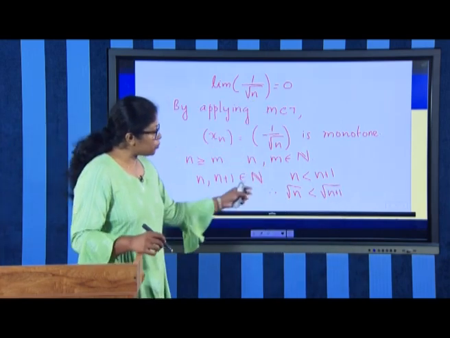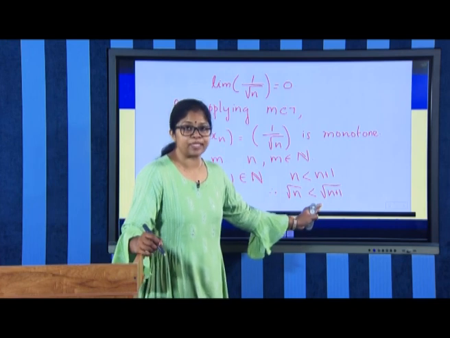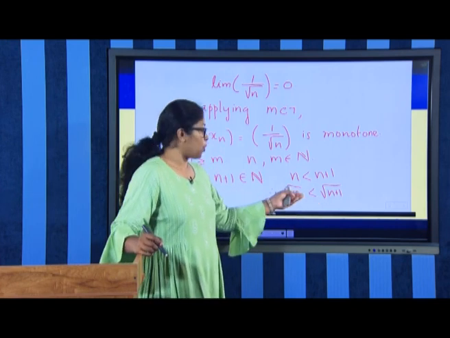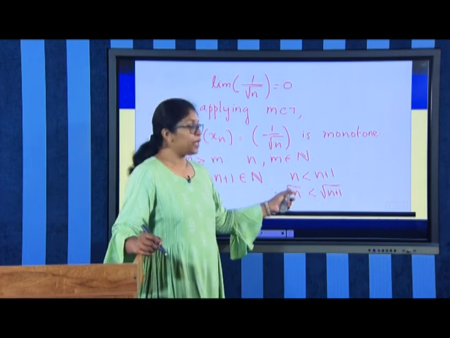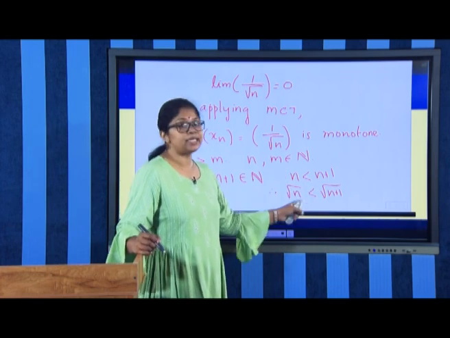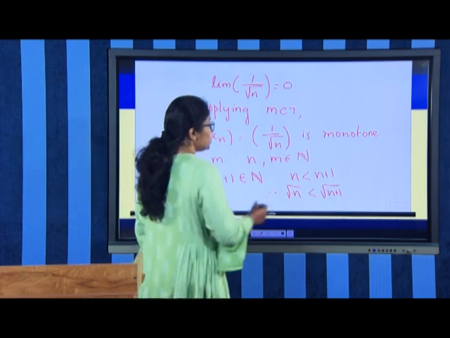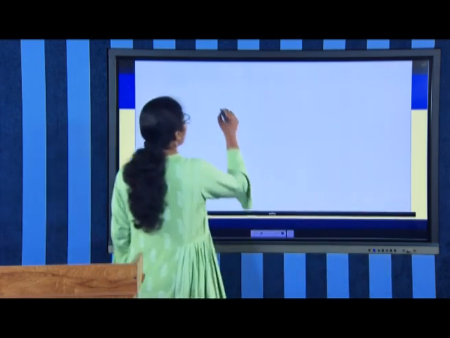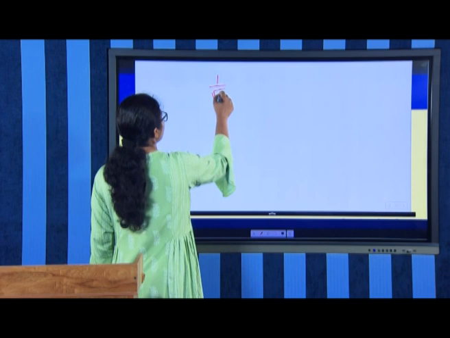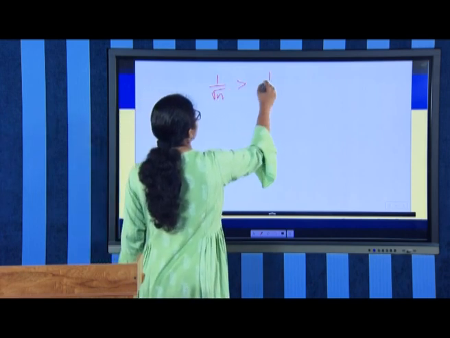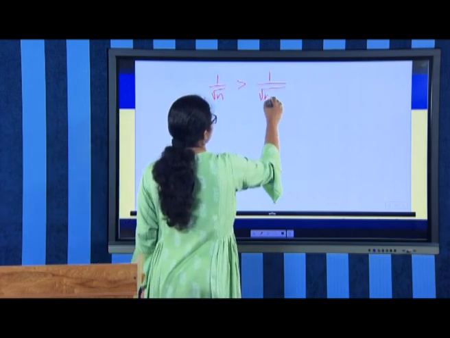And since root n is less than root n plus 1, taking the reciprocals, what do we have? 1 by root n is greater than 1 by square root of n plus 1.